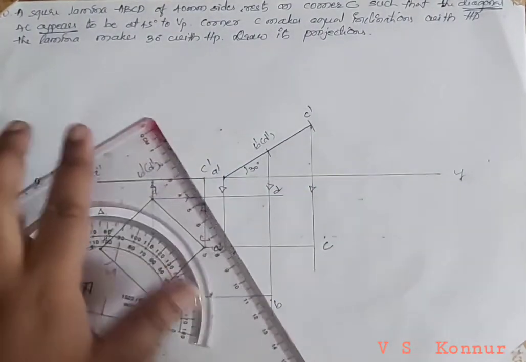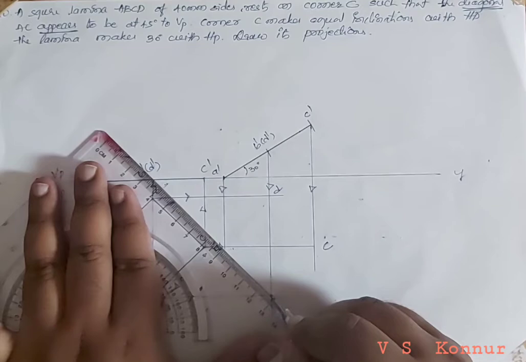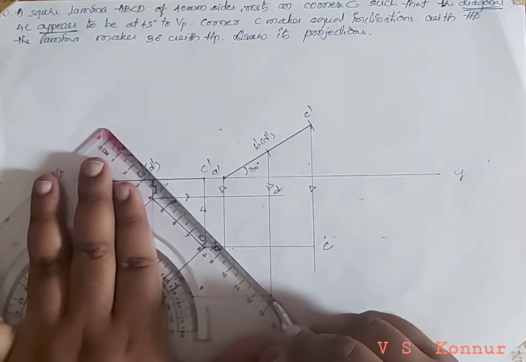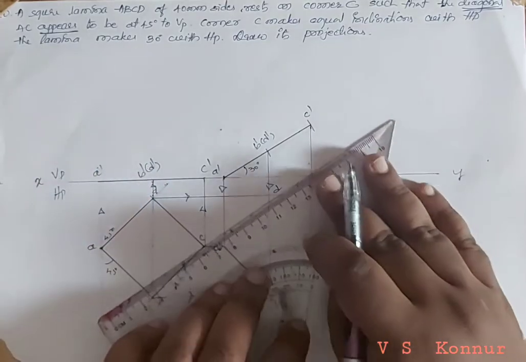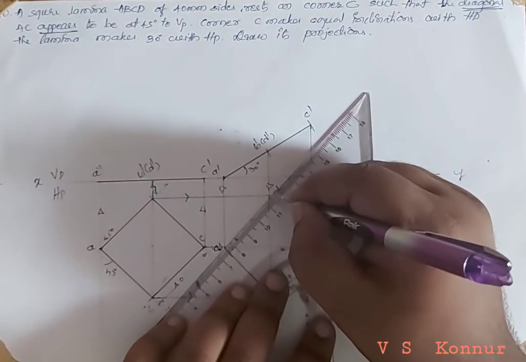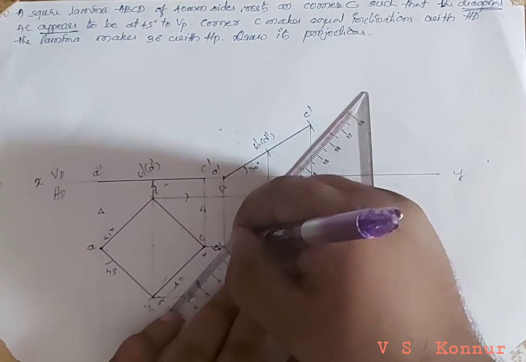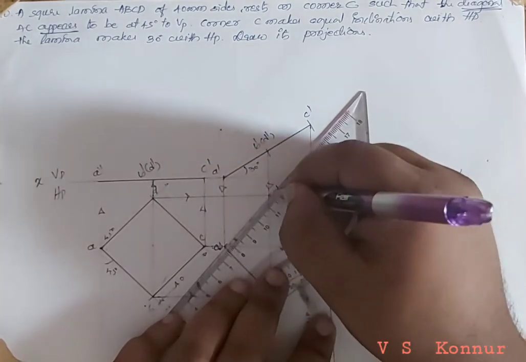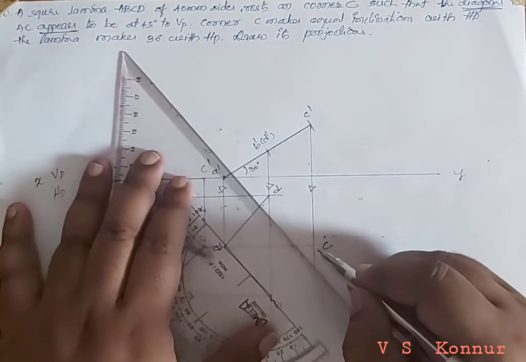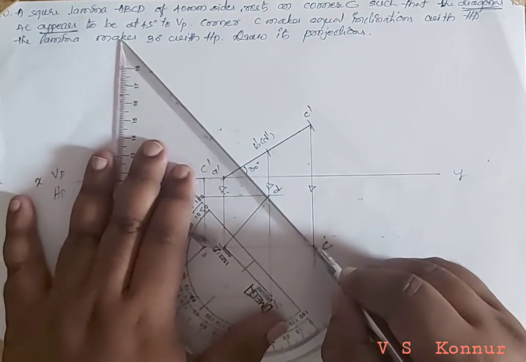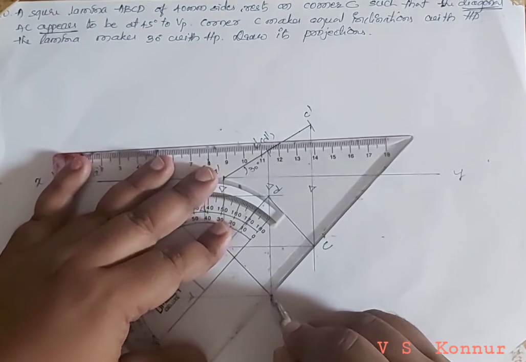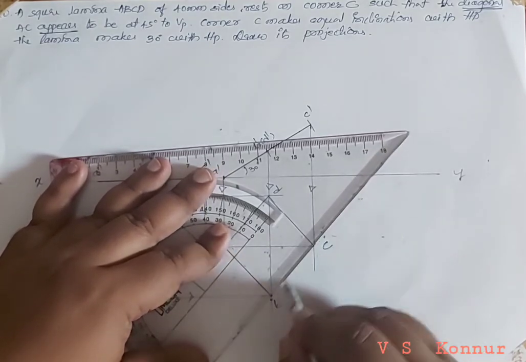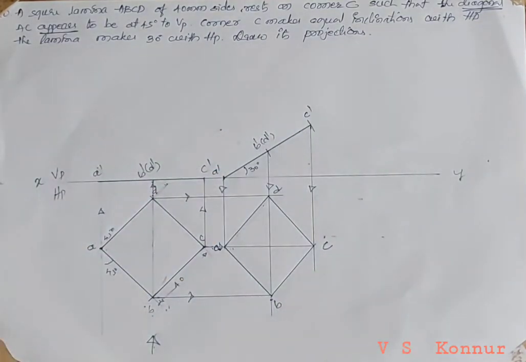Now we'll join all these ABCDs with the dark lines. Now inclined at an angle of 30 degree we got here.